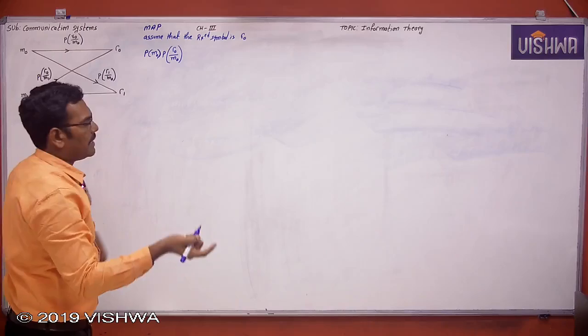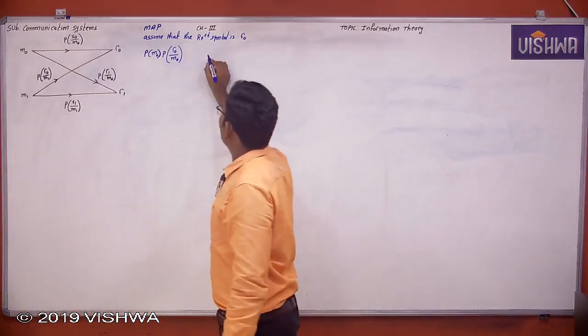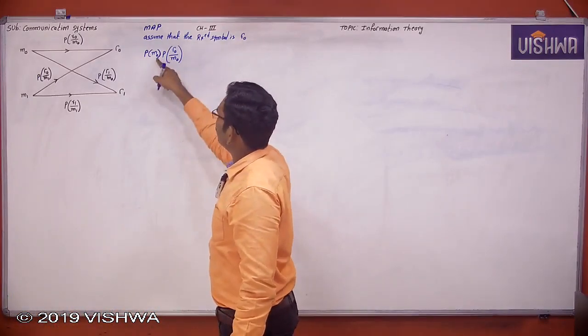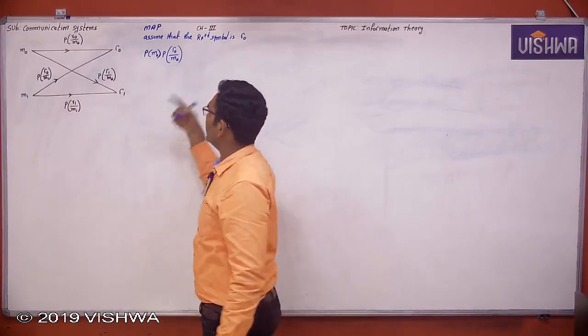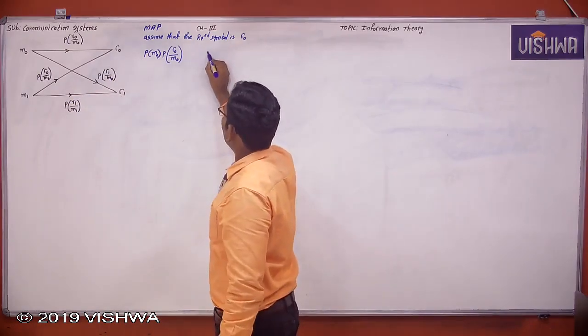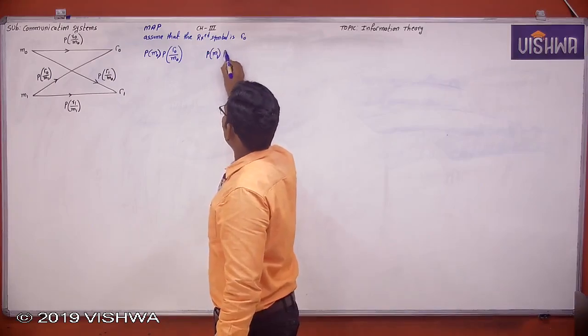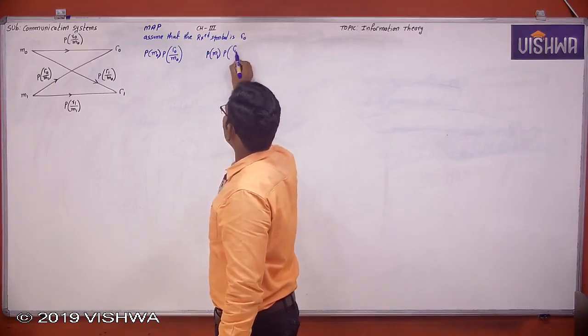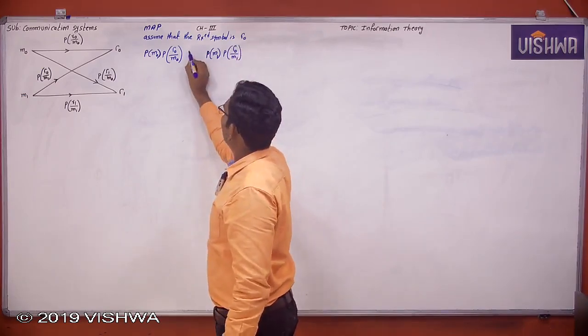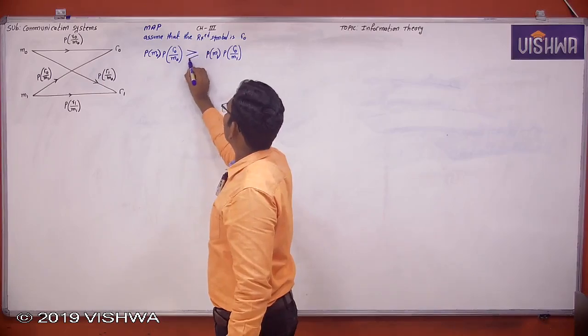And now we will take the secondary for getting R0. Now R0 is mainly due to M0, and R0 is due to M1 also, that is secondary. So the probability of the transmitted symbol is M1, and the probability of the received symbol is R0 when the transmitted symbol is M1. Now this product may be greater than or less than.